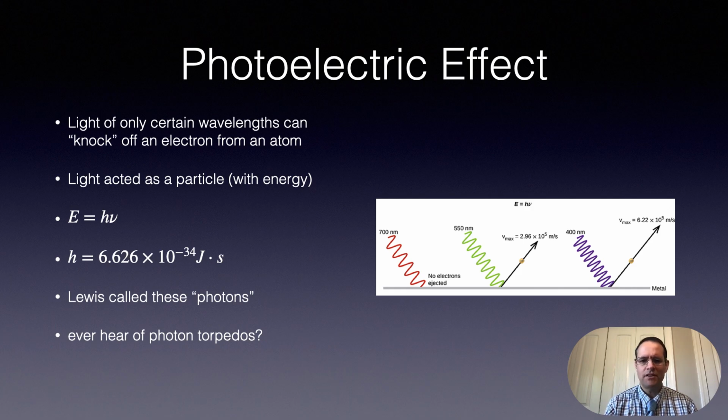It was just a curve-fitting kind of number, and we don't even know what physical significance it really has. It's just a number that shows up in a lot of physics and here in chemistry. We'll learn later about Lewis structures, but Lewis was the one that coined the term photons. Have you ever heard of photon torpedoes from Star Trek? Well, anyway, that's where this idea came from.